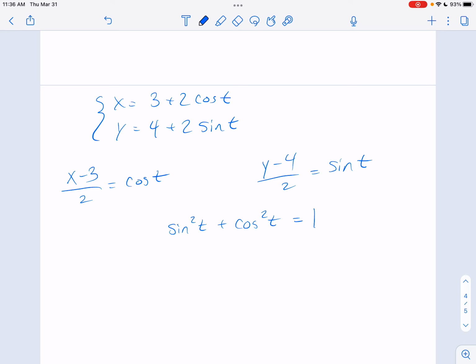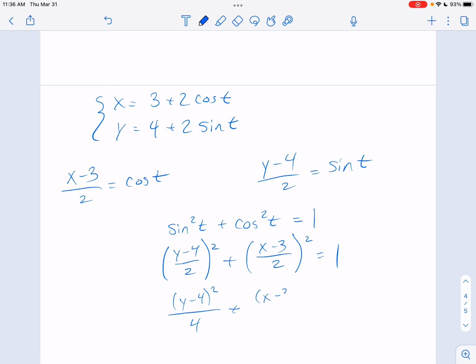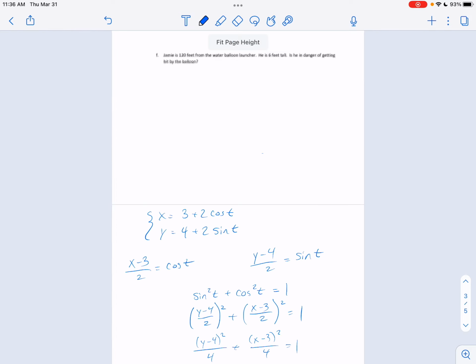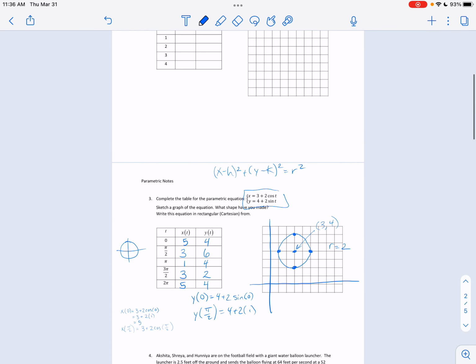So this becomes y minus 4 over 2 squared plus x minus 3 over 2 squared is equal to 1. So now I have y minus 4 squared over 4 plus x minus 3 squared over 4 is equal to 1.